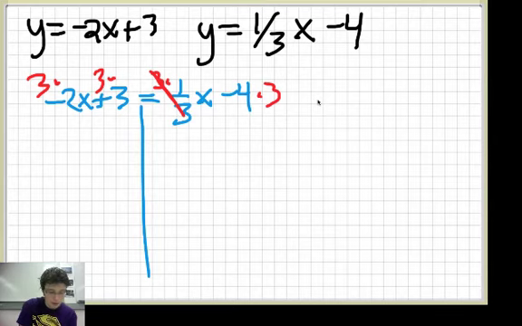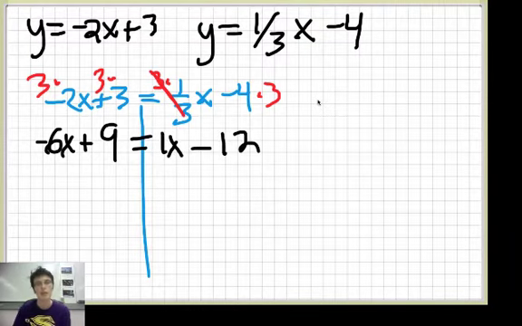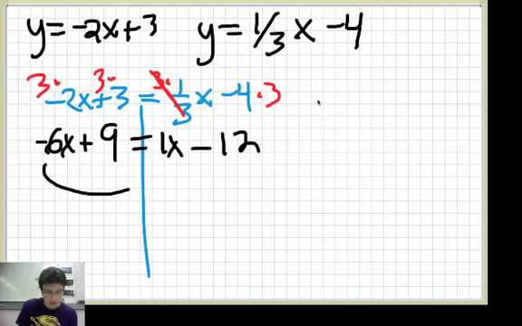Then I've got to go through and do all the math. 3 times negative 2 is negative 6x. Plus 3 times 3 is 9. Equals, the fraction's gone, so all I have is a 1x, minus 4 times 3 is 12. So I get it all the way down to this. Then let's move this 6x over and make it a positive 6x.